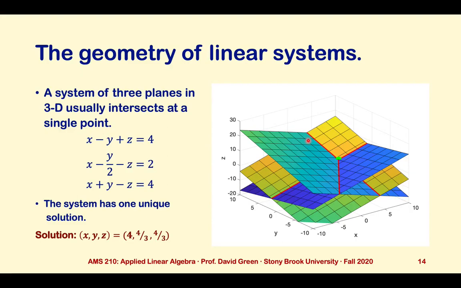Now, what about when we move to 3 planes in 3 dimensions? I've shown 3 planes here. I've added one more plane, in the yellower tinge here, to the 2 planes that I already had. The line of intersection of those first 2 planes is along here. The line of intersection of this pair of planes is shown along here. The line of intersection of this pair of planes is along here.